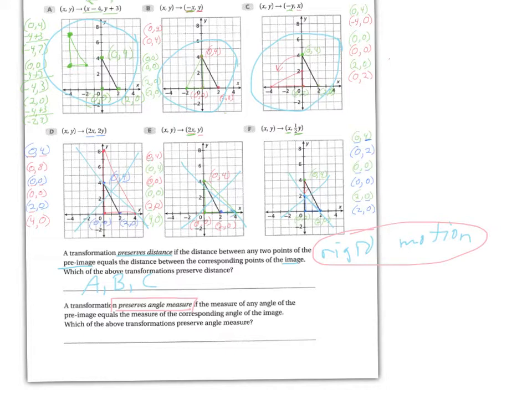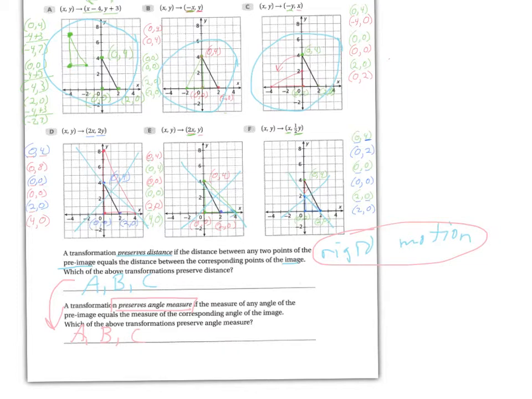The angles are going to be the same just because we move the same shape somewhere else and it still maintains size and shape. It means that the angles are still going to be the same. So any of those that we had up here are going to work down here.